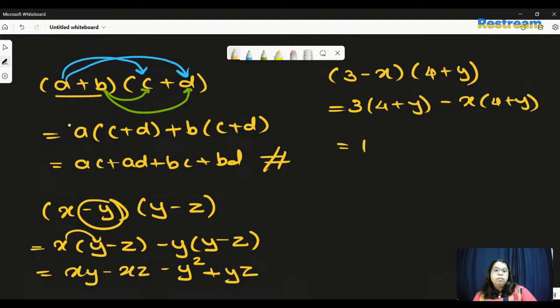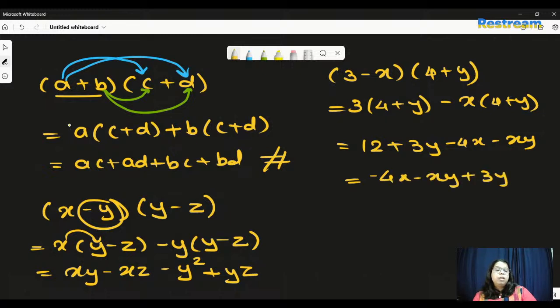So it is 12 plus 3y minus 4x minus xy. Now arrange them in alphabetical order. So it will be minus 4x minus xy plus 3y plus 12. So this is your final answer. The constant always comes in the end. Okay.